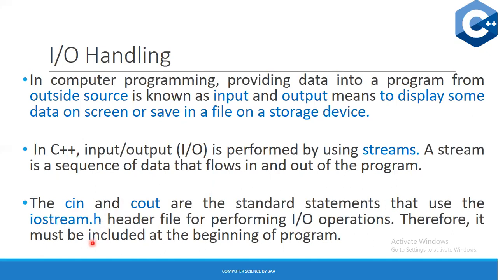So we know that we have to include the iostream header file in each and every program, because in every program we must be getting some output. In today's lecture, we will discuss these cin and cout statements, and we will also discuss some other functions which are used for I/O handling.